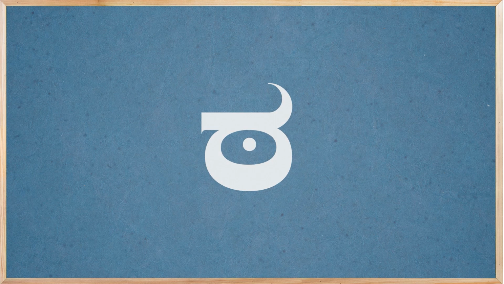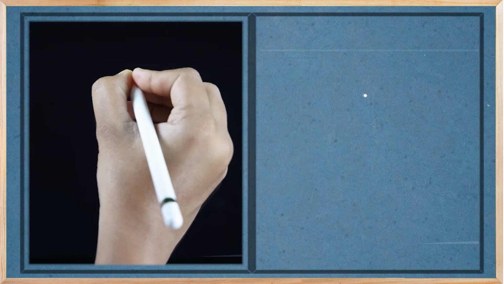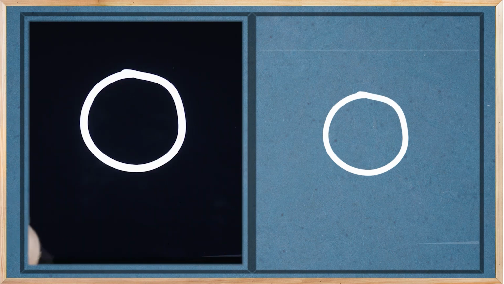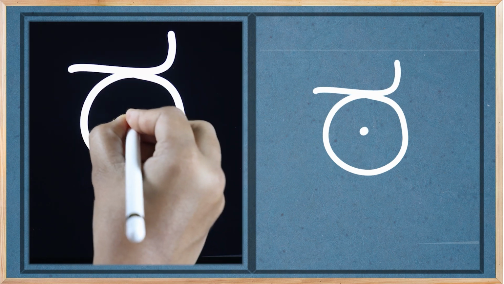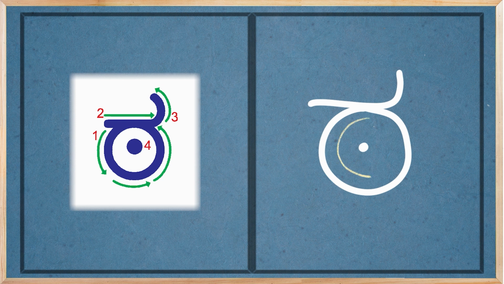Next, we look at the letter Tha. To create this letter, write Ra and add a dot in the middle of it to pronounce Tha. This is pronounced as Tha in Devanagari script, and the hand movement should be observed closely to understand the process.